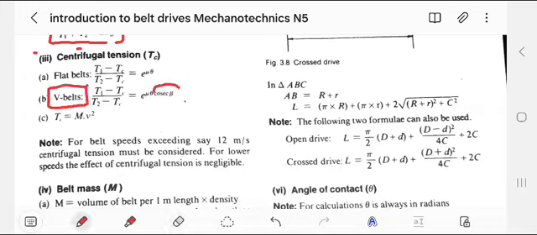The left hand side remains the same, but the right hand side differs with the cosecant, considering the semi-groove angle.